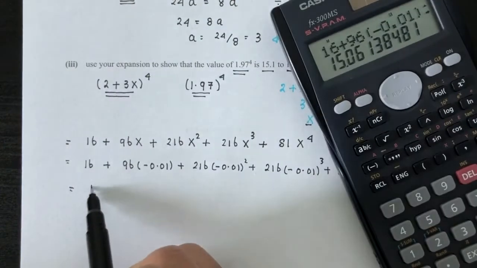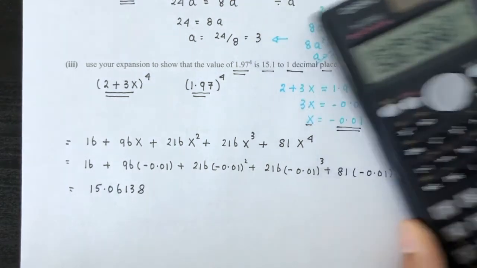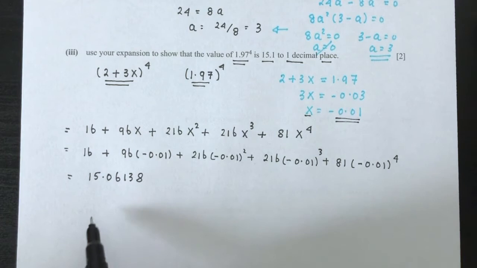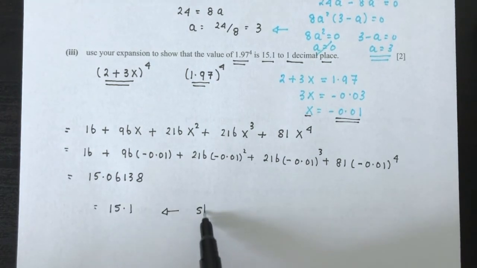That will be 15.06138. So your answer correct to one decimal place has to be 15.1. This is shown as required.